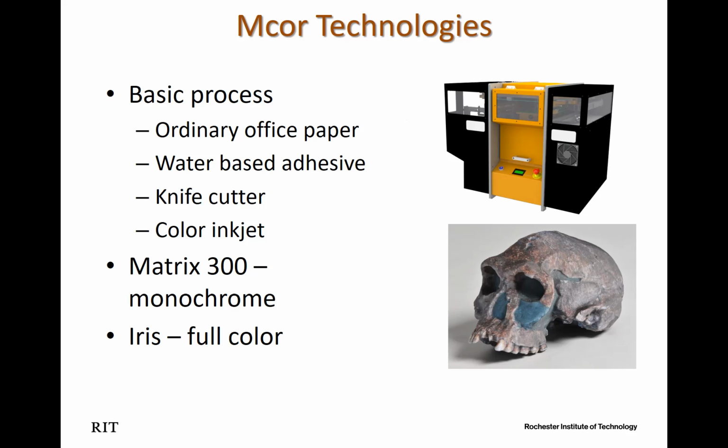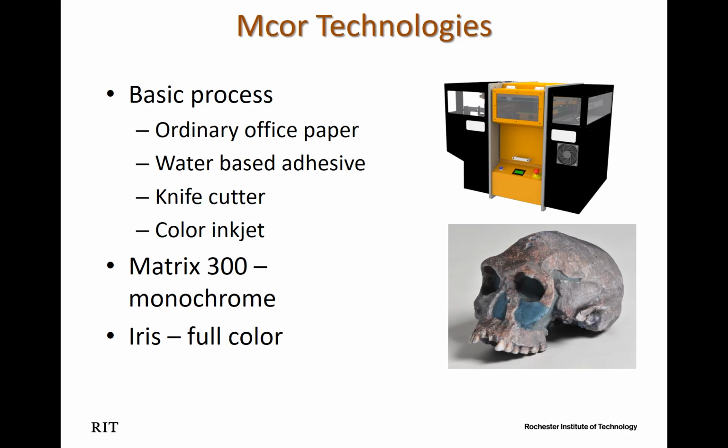And another process, like the one shown here, the Mcor technologies: basically, they use ordinary office paper, not even the one in the previous LOM process, which is paper together with some polyethylene.